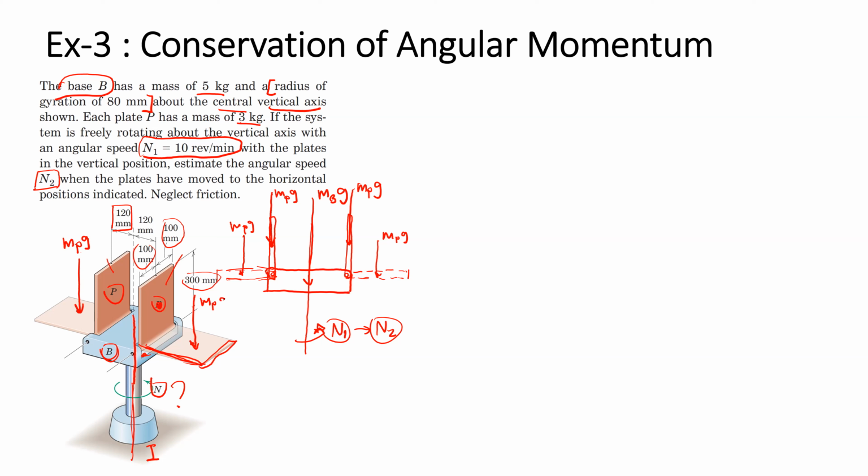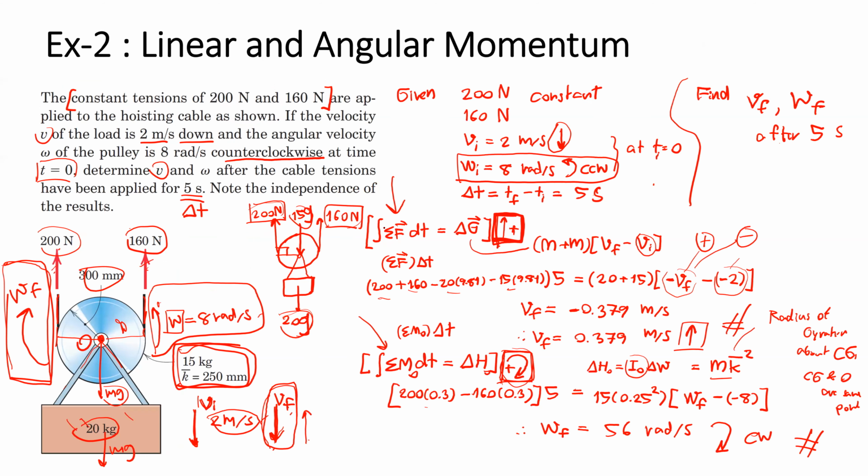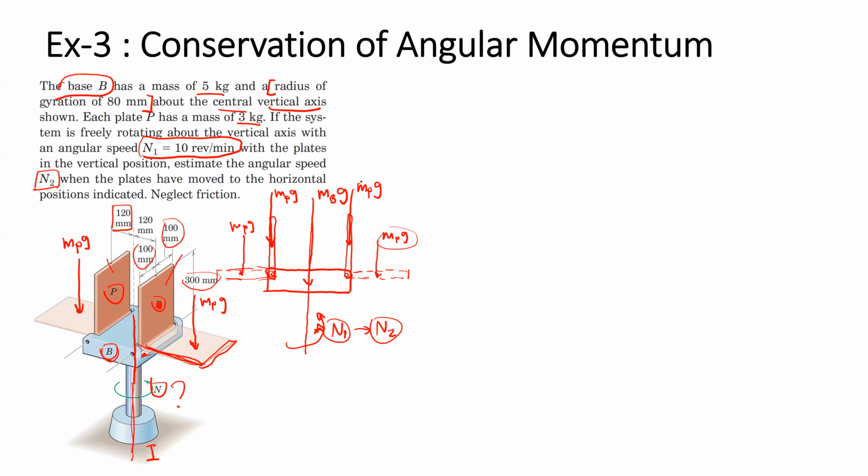But we know that the axis of rotation is in the vertical direction, and mg is always parallel to the axis of rotation.